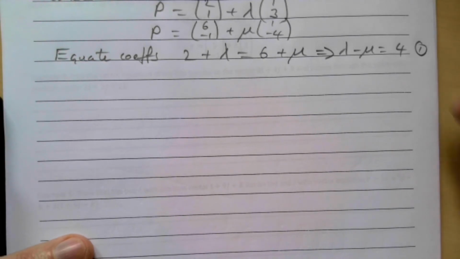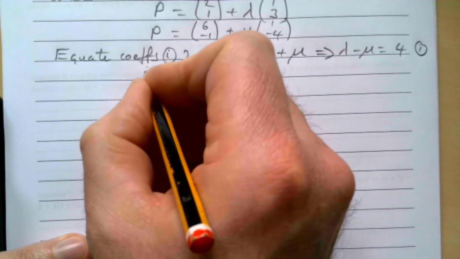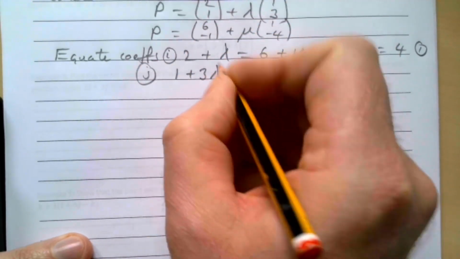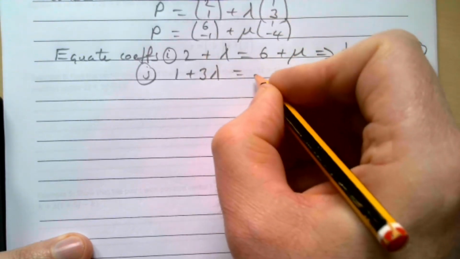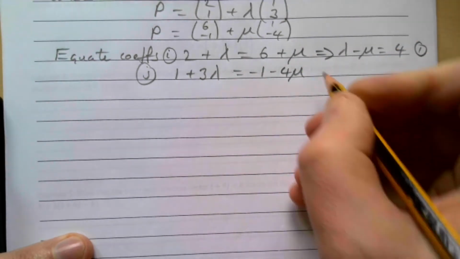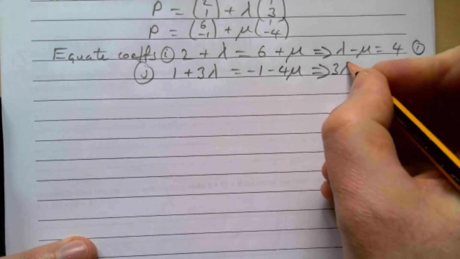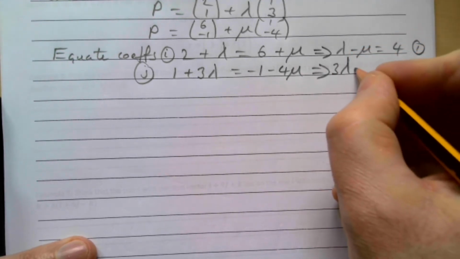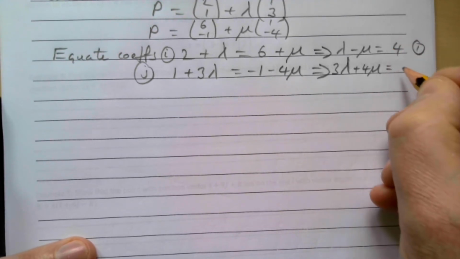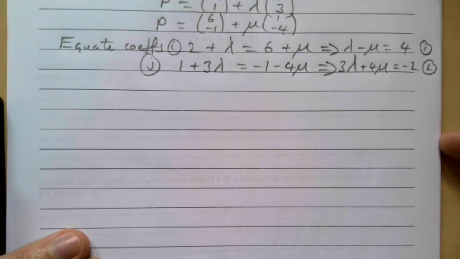Hopefully you can see where this is going. So that was me doing it for the i's. For the j's, we're going to have 1 plus 3 lambda equals minus 1 minus 4 mu. Rearranging that, we're going to get 3 lambda plus 4 mu equals minus 2, and I'm going to call that equation 2.